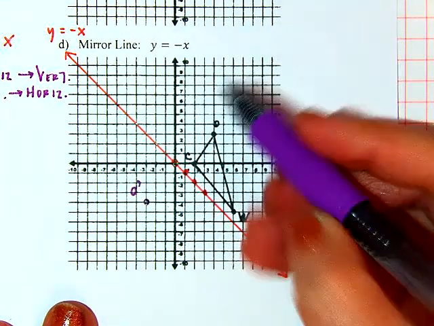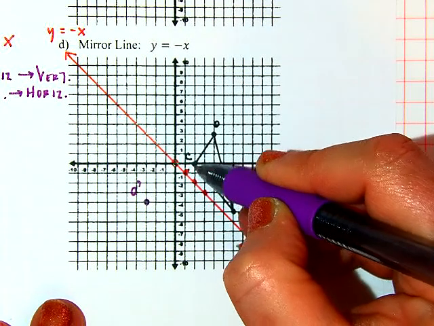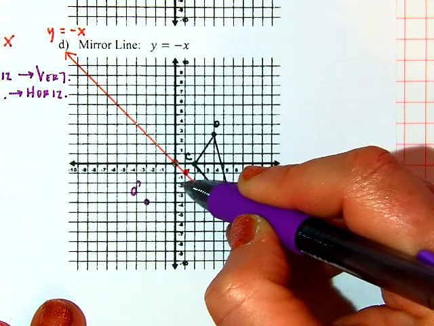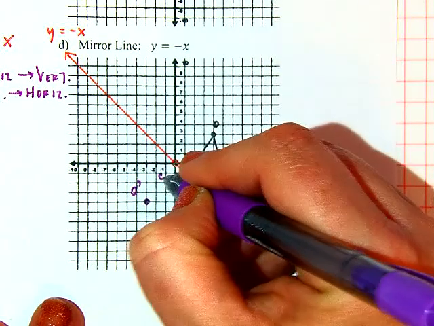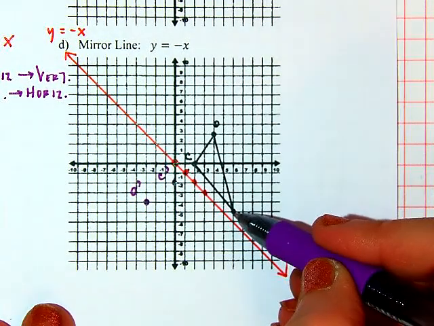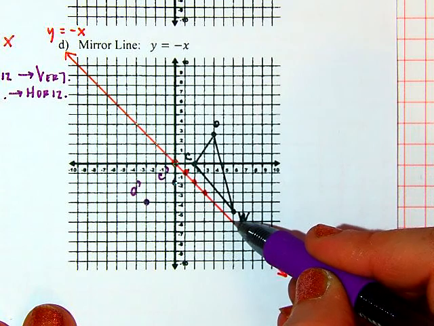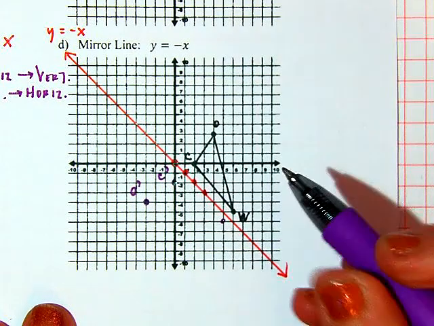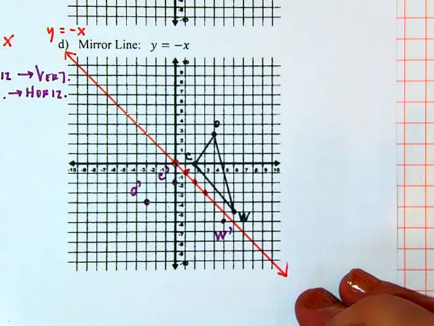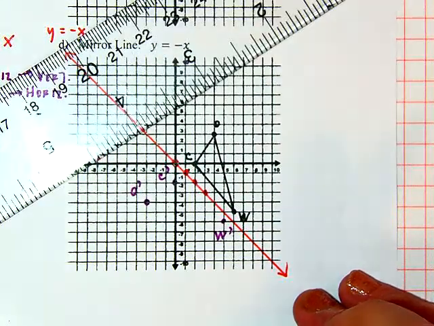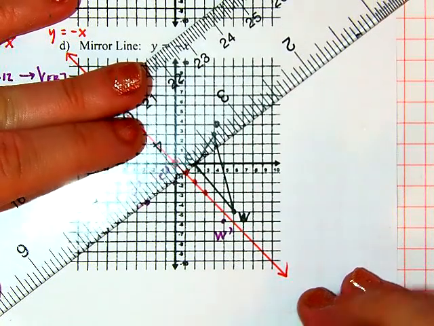Okay, for C, let's say that I start down. Down 2 means left 2 on the other side. So right here is my C prime. Okay, for W, let's say I count down and then left. Right here would be the W prime. Okay, connect the dots. Make sure it still looks like that red line is a true mirror line.